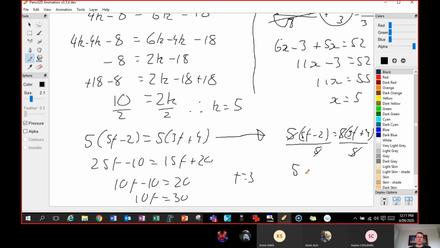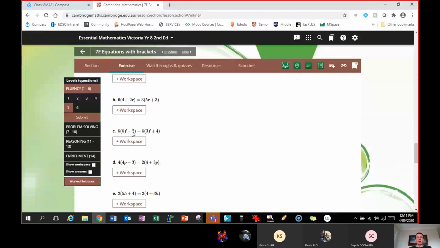And then you're just going to be left with 5f minus 2 equals 3f plus 4. Just lower numbers to work with. Now you can minus 3f on both sides, which would leave you with 2f minus 2 equals 4. And then you can add 2 to both sides. 2f equals 6. Divide by 2 on both sides. f equals 3. So that's a case where you could divide by 5 on both sides.